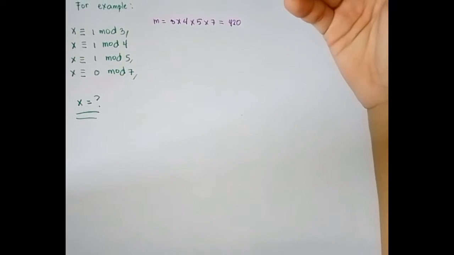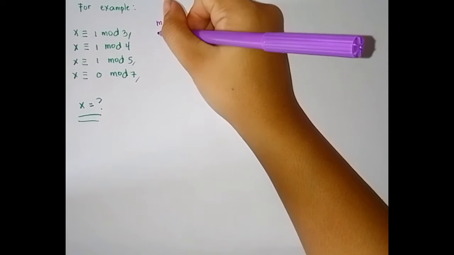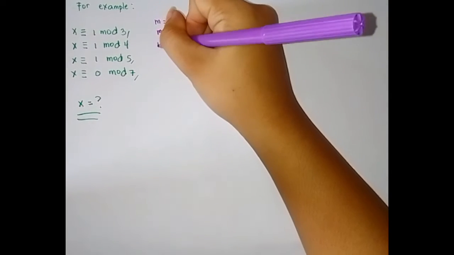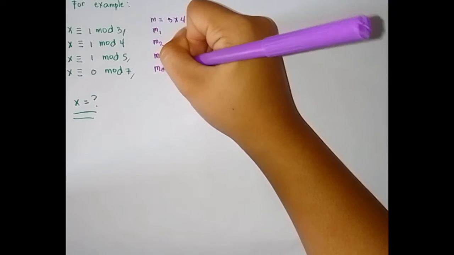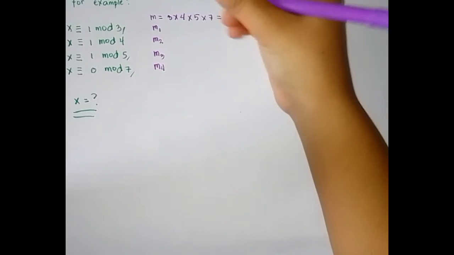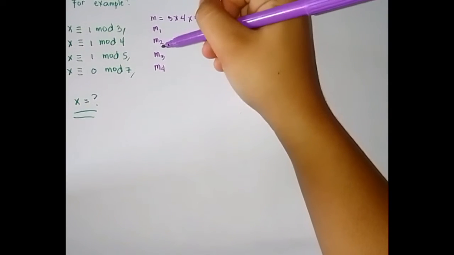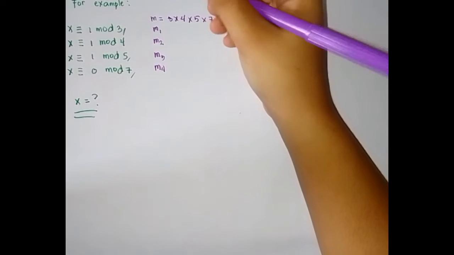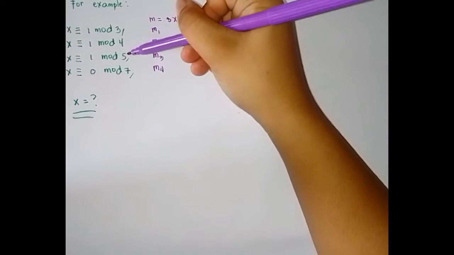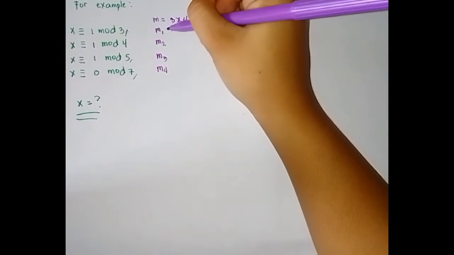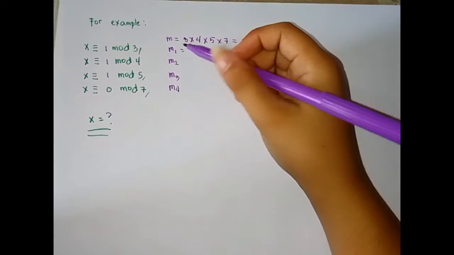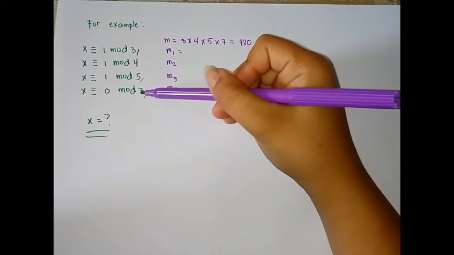So our next step, we'll find the values of m1, m2, m3, and m4. To find these values, you are going to multiply each modulus except for its own modulo. For m1, you're going to multiply mod 4, 5, and 7.